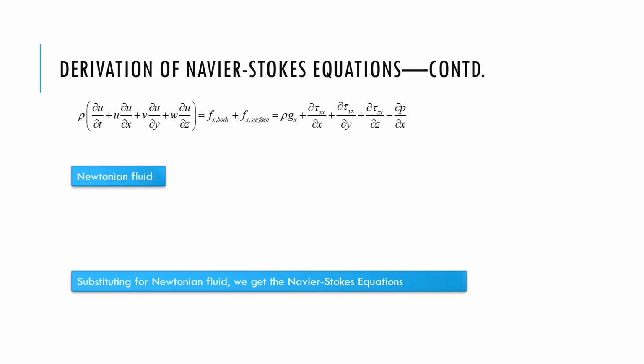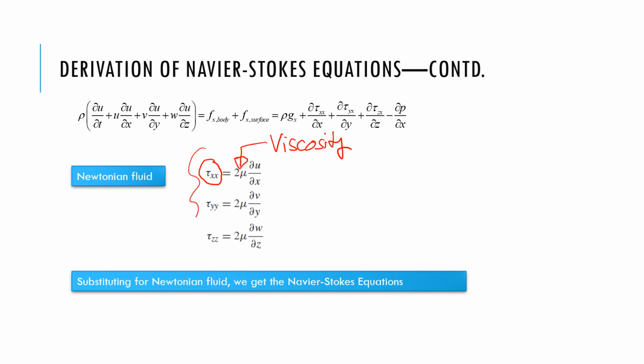So those we bring in by having relations that relate the shear stress to properties of the material, which is viscosity. When the relations are like this, the way you are seeing here, then those belong to a class of fluid, the most common class of fluid, the Newtonian fluid.